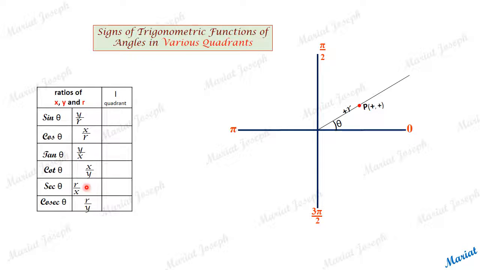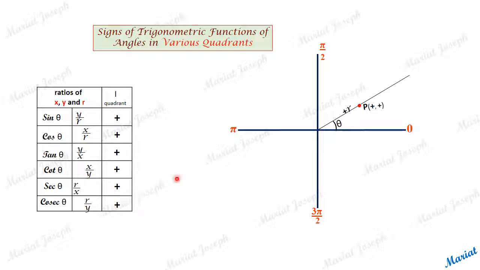So whichever ratio you calculate, they will all turn out to be positive. So trigonometric functional values of an angle whose terminal side lies in the first quadrant will all be positive.